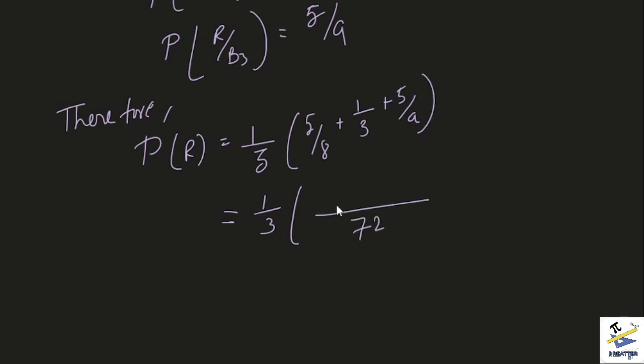So 72, it's 9 times 5, 45, 24, and 40, I think.